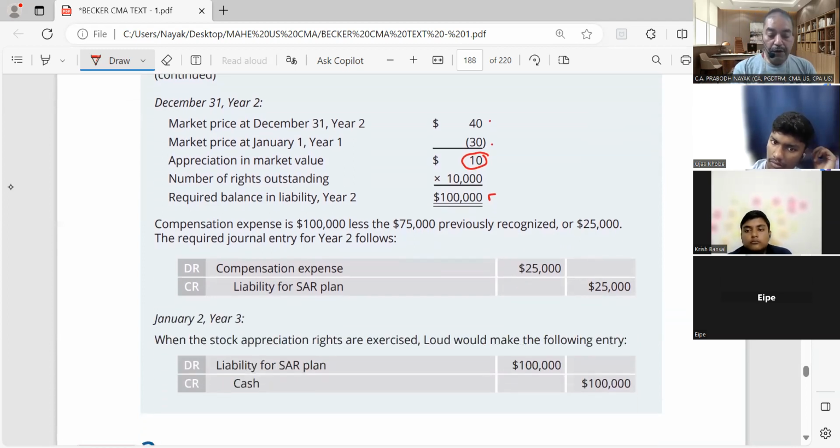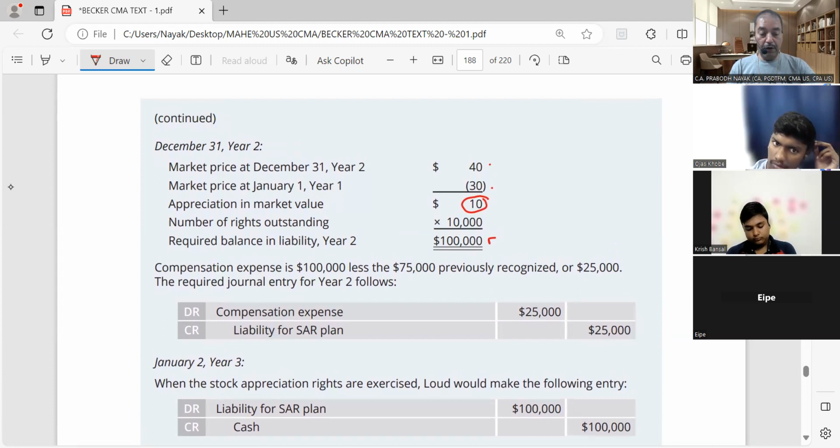So when the stock appreciation rights are exercised, the liability account will be cancelled. Cash is going out, credit cash 1 lakh. Now go through this example and see if you have understood.